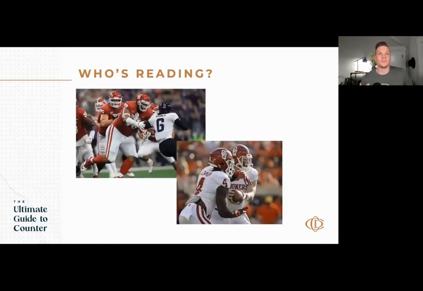So one of the biggest keys, I think, in calling counter, especially at the high school level, is having clarity around who is making a read on the play. So for example, let's make it as simple as possible, 10 personnel GT counter. The quarterback's taking the snap. We're at the mesh point, and we're basically asking the quarterback to protect the backside of counter with his eyes.